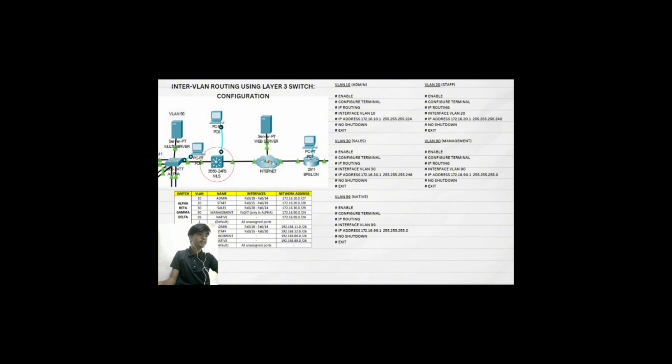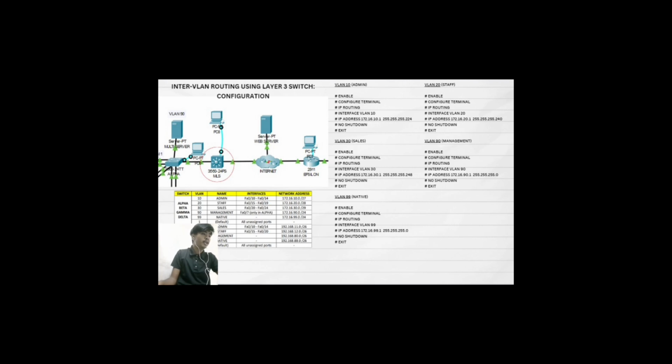For VLAN 30, it is 172.16.30.1 and the subnet mask is 255.255.255.248. For VLAN 90, it is 172.16.90.1 and its subnet mask is 255.255.255.0.